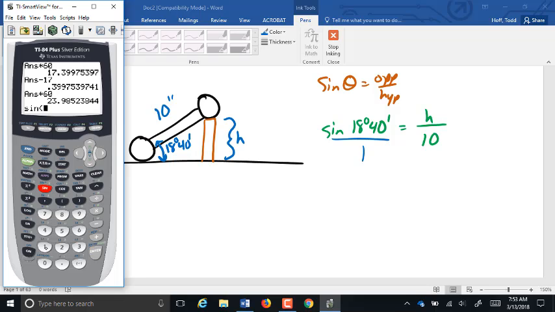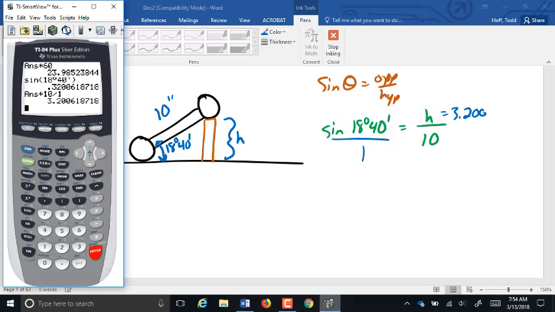So I'll do sine 18, and I have to go to my angle menu here, select degrees, 40, I have to go to my angle menu and select minutes. So sine of 18 degrees 40 minutes times 10 divided by 1 is 3.2001.